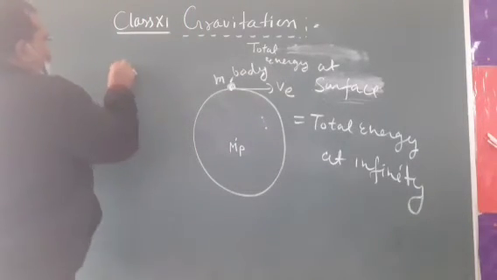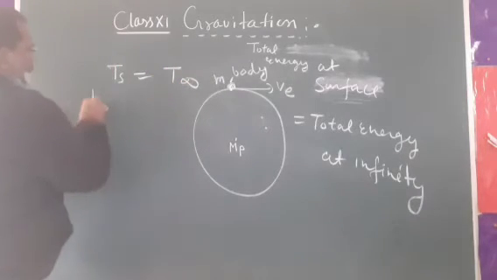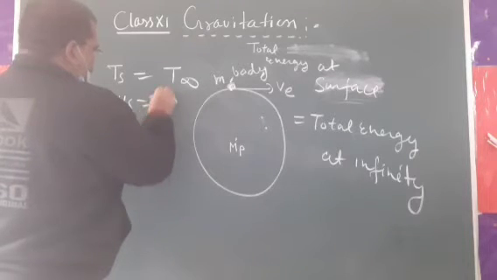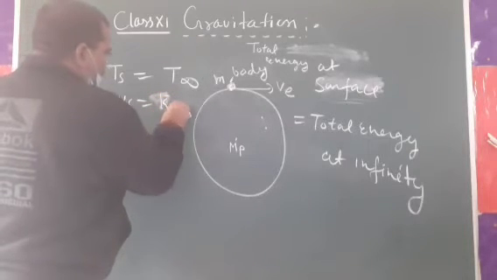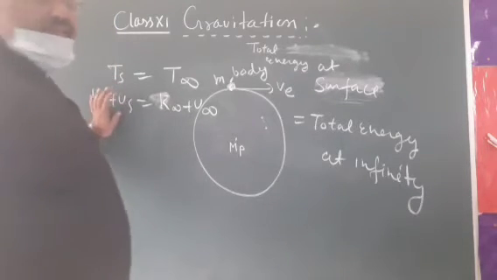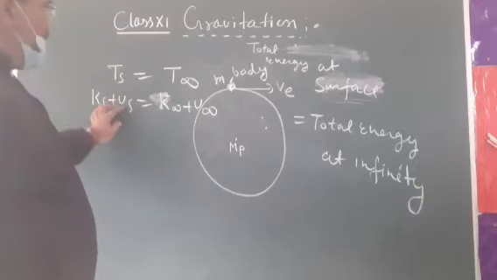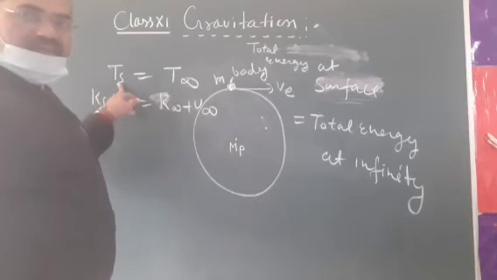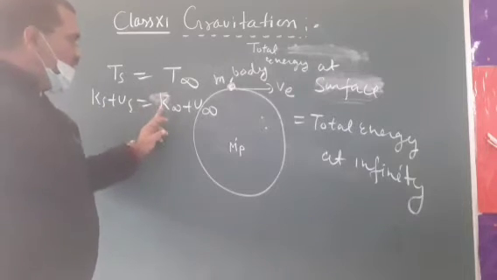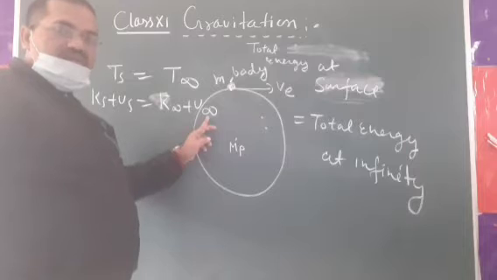So you can write E surface equal to E infinity. So Ks plus Us equals K infinity plus U infinity. In total energy, kinetic energy and potential energy are involved.